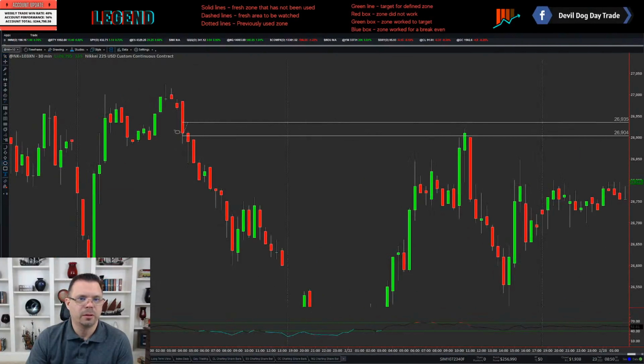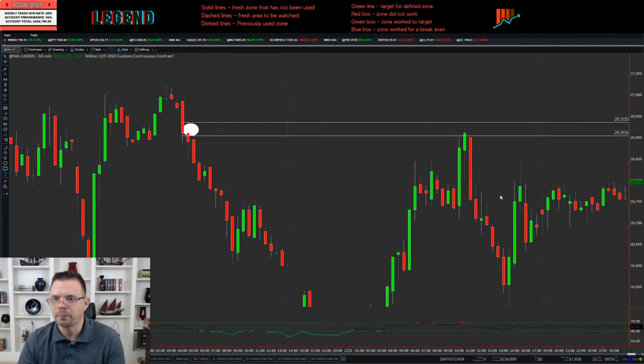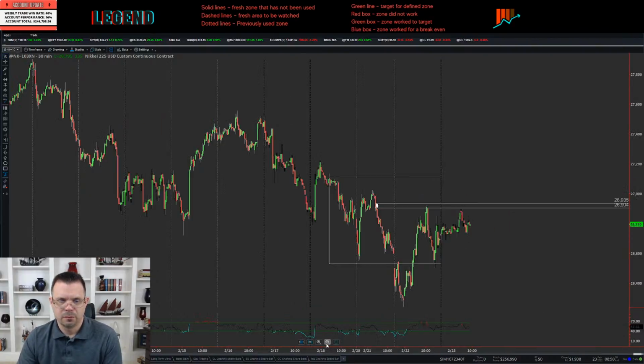So I'm going to put this one as a miss, and then I will log that later on. Not sure how we missed that yesterday. That's a pretty decent looking zone.